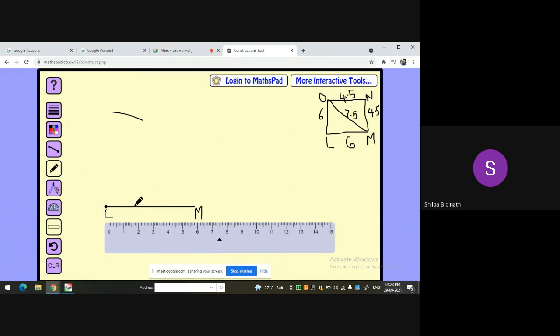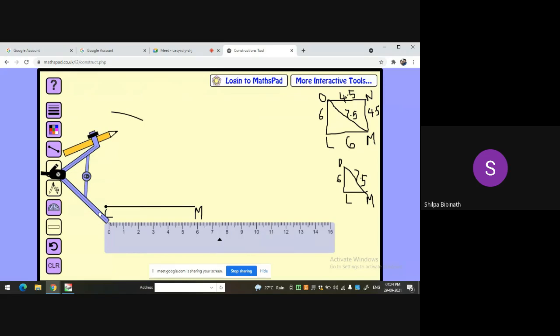Okay, now what are we supposed to do in the second sum? I've already told you all. First we'll draw a triangle because diagonal is given. So this will look like this, isn't it? So L, M and O. So now this arc we got 6 here. Now we'll draw this which is 7.5. Okay, so take 7.5.